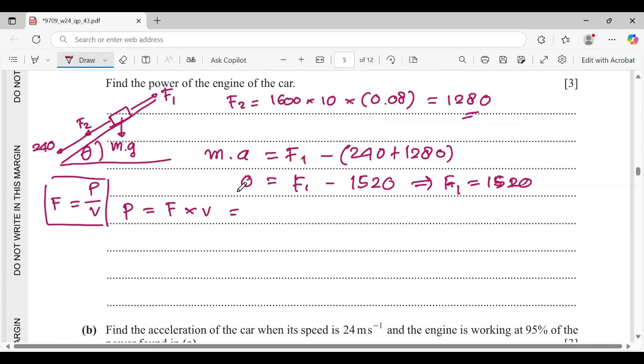So F is 1,520, and speed is 32 according to the information. And if you calculate, the result is 48,640 watts. So this is power. Next question.